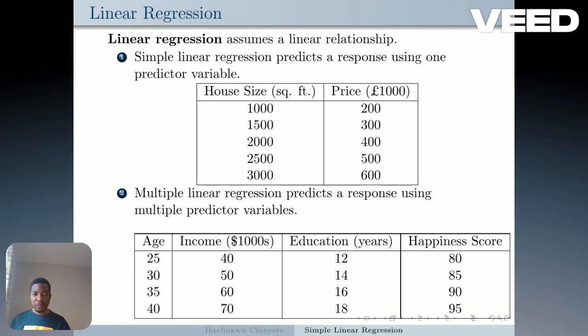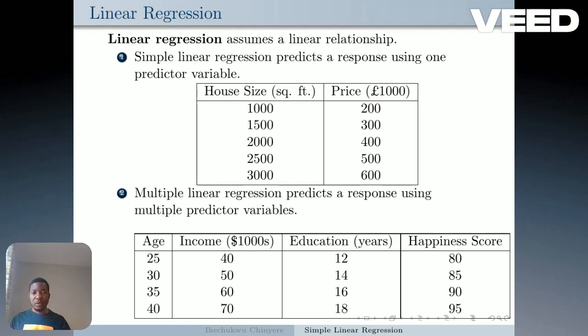In this example of house size, you're using only the house size to predict the price of the house. The house size, which you are using to make the prediction, is called the predictor variable, and the price, which is what you are predicting, is called the response variable.